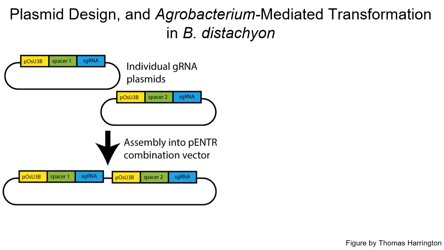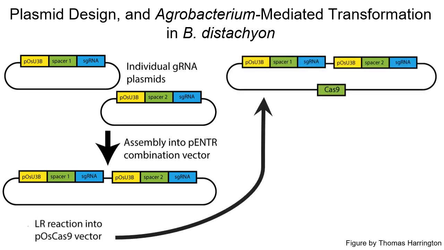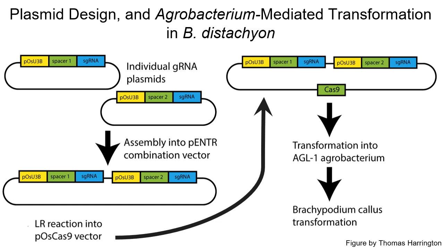Then, these multiple target guide RNAs are combined into one larger plasmid called pEnter. Then, those promoter and guide RNAs are all moved into a plasmid with the Cas9 protein base. This final plasmid is put into Agrobacterium, which will insert all of these DNA sequences into the plant's genome where they will be expressed to mutate your genes of interest.